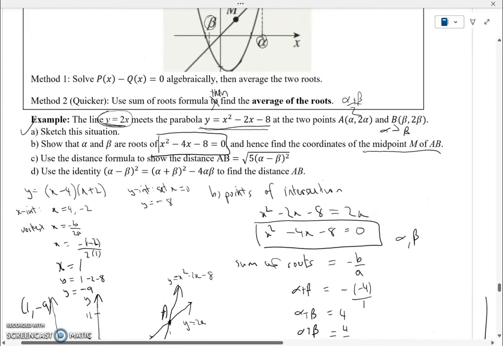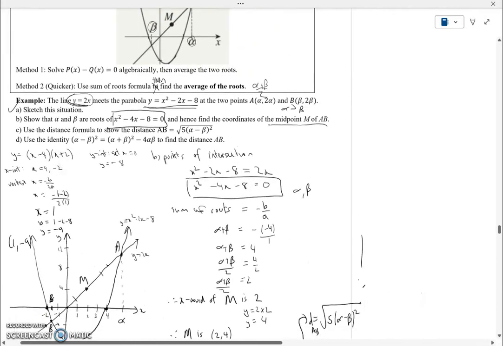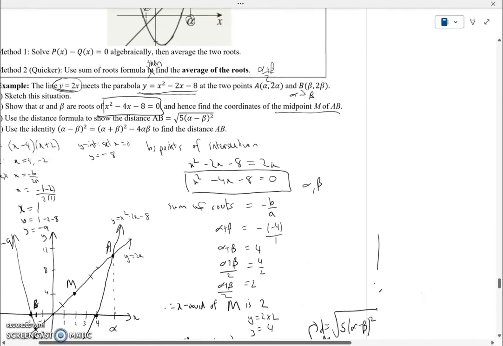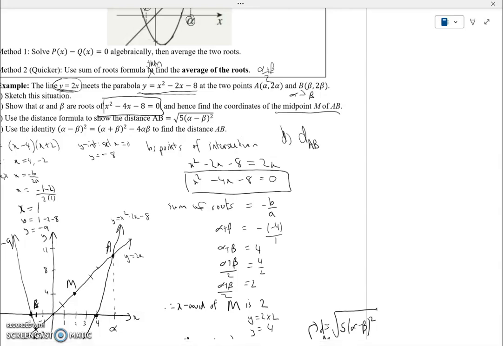D, use this identity to find the distance AB. I'm going to do D up the top of the page here. So obviously we're going to start from the distance AB is equal to square root of 5 times alpha minus beta all squared. I'm going to use this identity here.